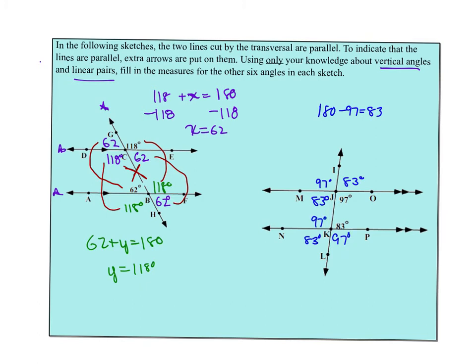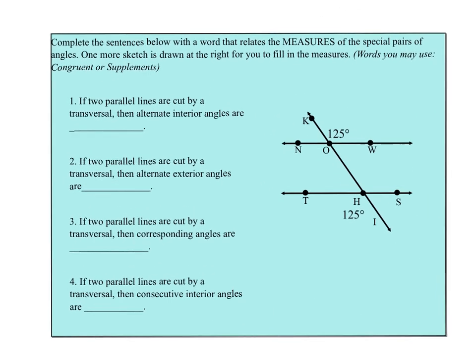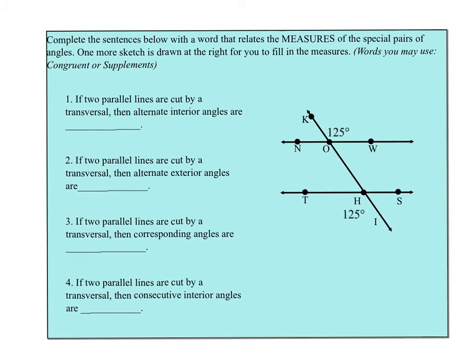So please note, look at this situation: 97, 97, 97, 97, 83, 83, 83, 83. From there, we can come up with some rules that happen when two parallel lines cross each other, when they're cut by a transversal.